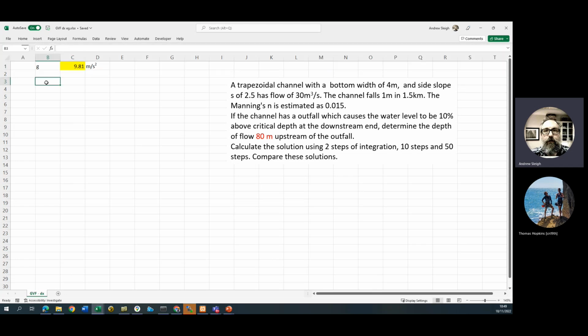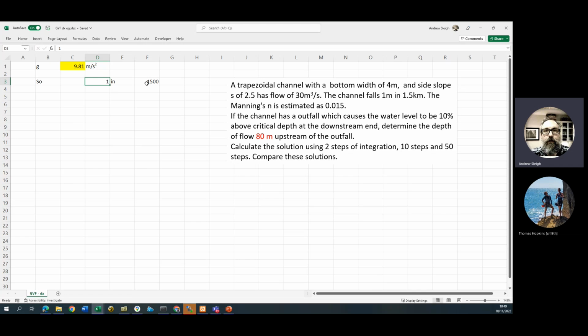yellow, so that the bed slope S0, well, that's 1 in, and we're told 1.5 kilometers, so 1 in 1,500.